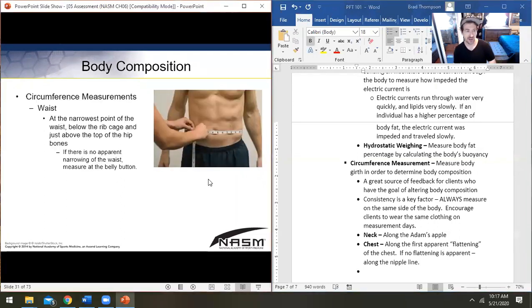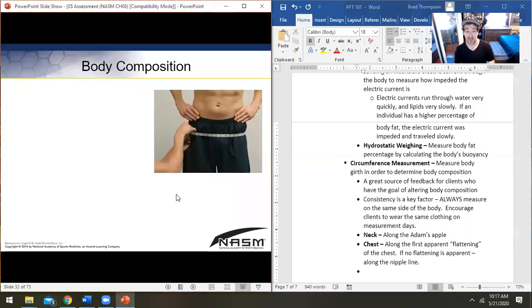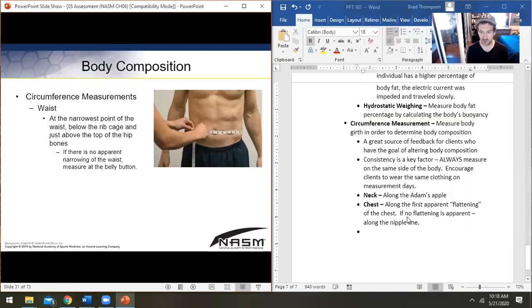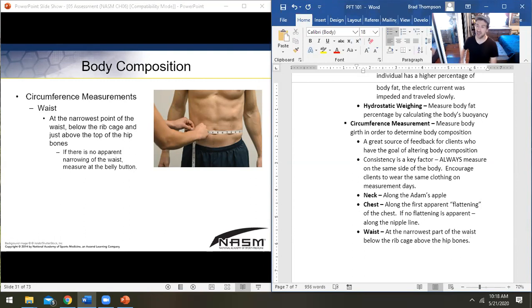Okay. Then we have got your waist measurement. Now this is arguably, these next two are the most important measurements you're going to take. You got the waist. You're going to take that at the narrowest part of the waist, below the rib cage, above the hip bones, so above the ASIS, okay?